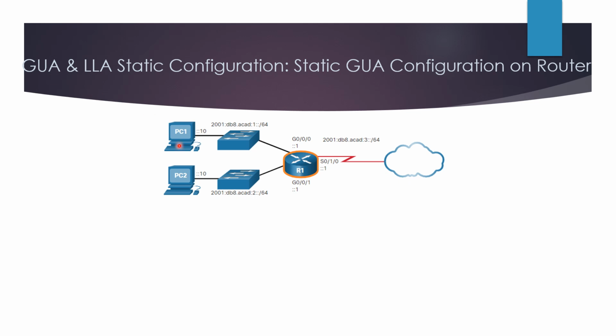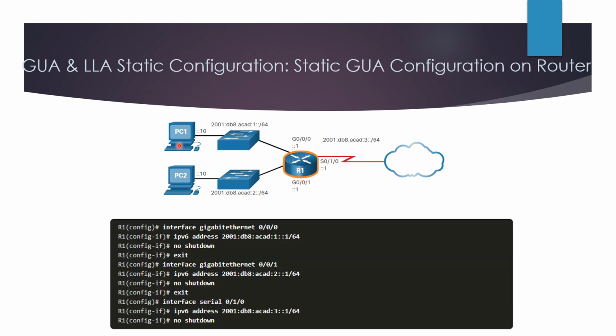Those subnets are connected together and want to communicate together. Here it is shown how to configure the IPv6 global unicast address on GigabitEthernet 0/0/0, GigabitEthernet 0/0/1, and the serial interface 0/1/0.